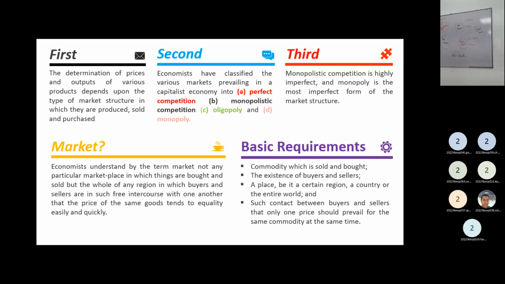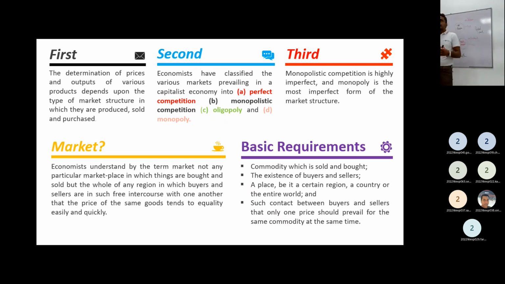Clear? Right. So here it says, when it comes to the market, economists understand by the term market not any particular marketplace in which things are bought and sold, but the whole of any region in which buyers and sellers are in such free intercourse with one another that the price of the same goods tends to equality easily and quickly.